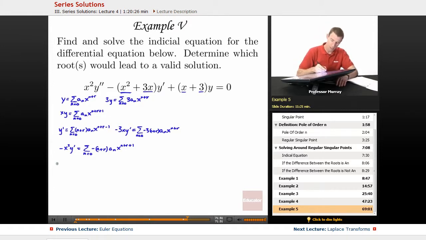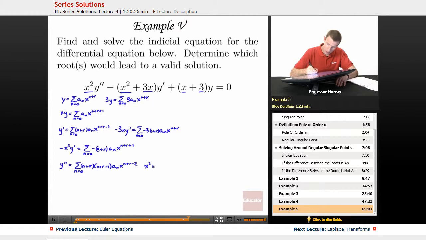And finally, we've got a y double prime, so let me calculate that. Y double prime is the sum from n equals 0 of n plus r, and then we've got a second derivative here, so I'll go n plus r minus 1, an times x to the n plus r minus 2. But we're going to have to deal with x squared y double prime, so we'll go ahead and multiply that by x squared.